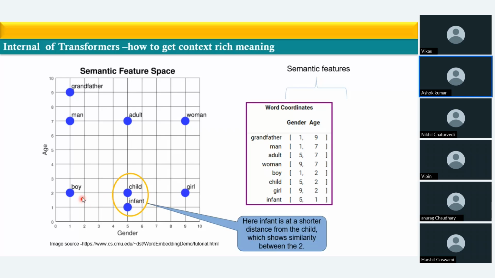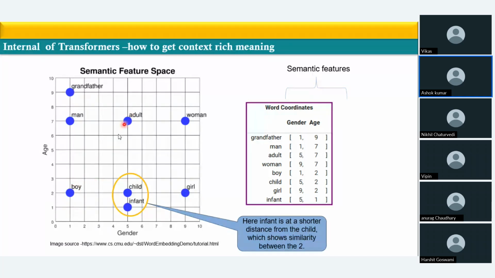If it is plotted in this multi-dimensional array, I will be able to calculate Prime Minister Narendra Modi, then see somewhere India, and that will be the output for me. So here the infant is closer to child, which denotes that the infant will move towards child since it has the shorter distance. The boy has a shorter distance from man, and a greater distance from girl.